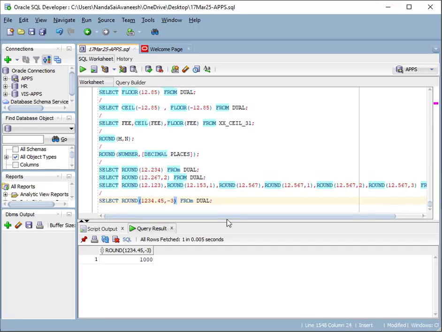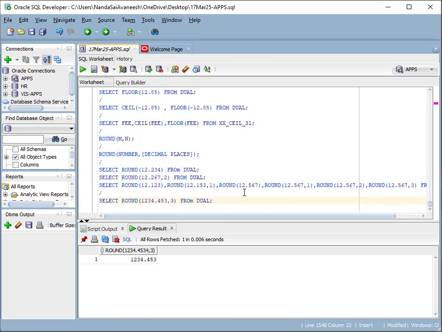Suppose I give only positive here, 123.45 comma 3, then after the decimal point only 2 digits are there, so it will stay the same. Suppose I give extra characters here, then it is rounding to only 3 digits.